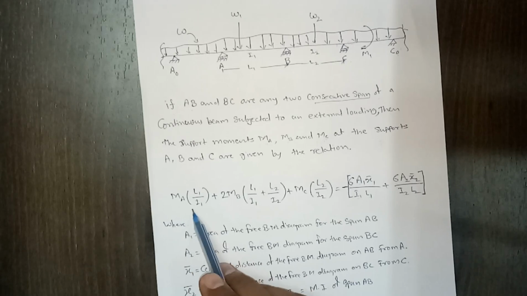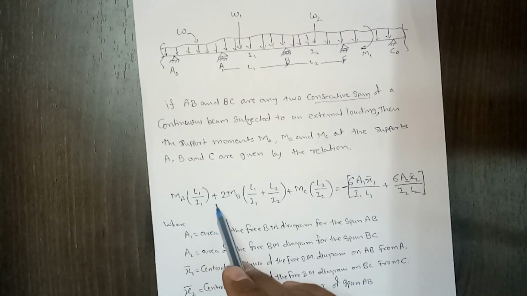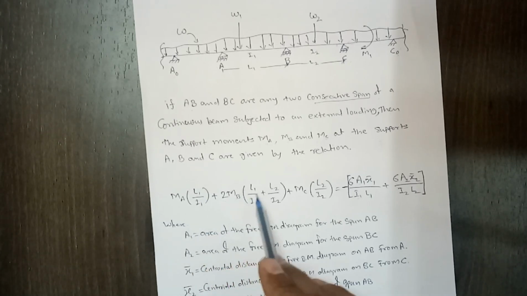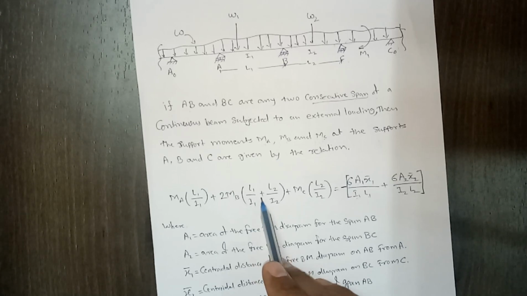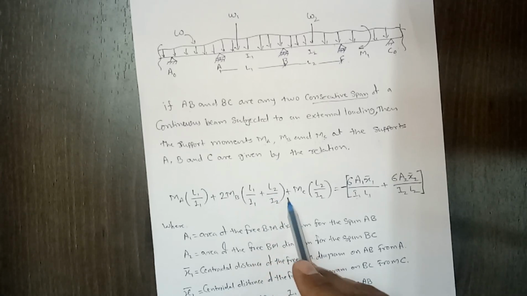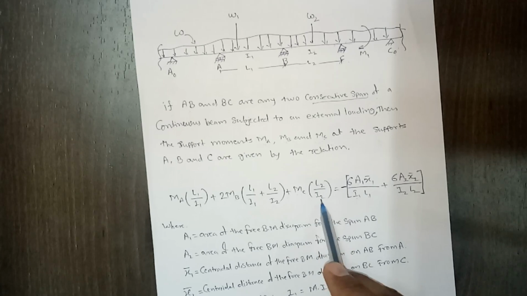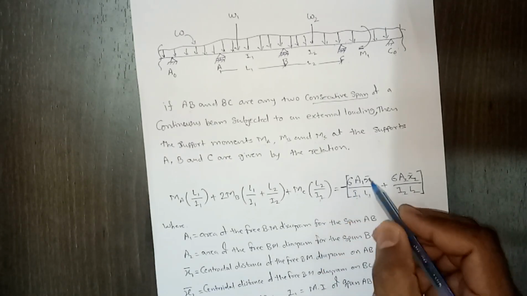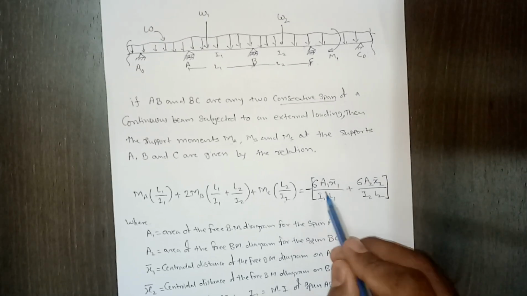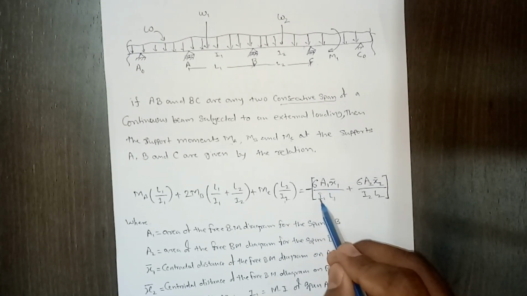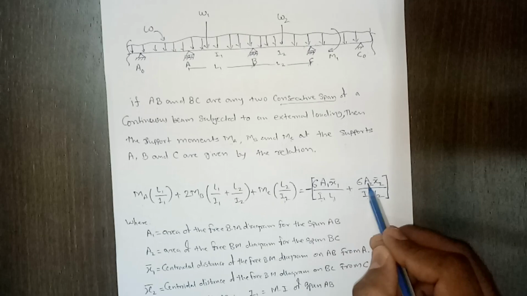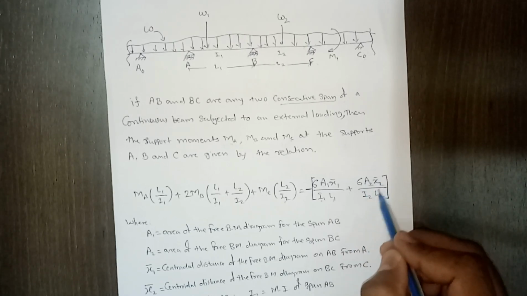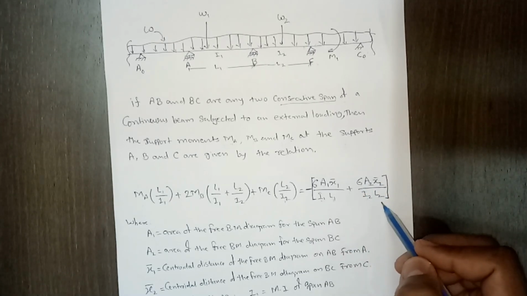First is MA in bracket L1 by I1, plus 2MB in bracket L1 by I1 plus L2 by I2, plus MC L2 by I2, is equal to minus, this is a minus sign, minus 6A1 x1 bar by I1 L1 plus 6A2 x2 bar by I2 L2.